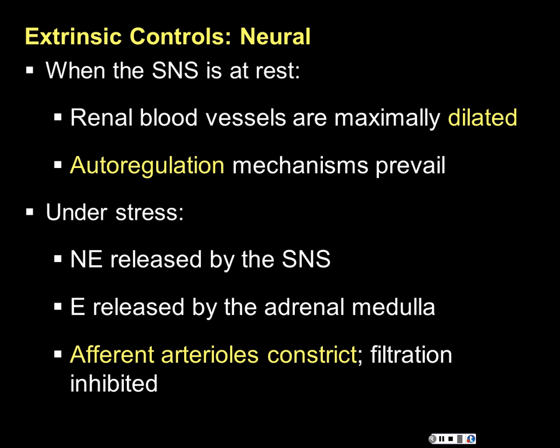However, when you go into that fight or flight system, your epinephrine, norepinephrine from the sympathetic nervous system actually causes the afferent arterioles to constrict. And then the filtration goes which way? Down. Because we need to distribute the blood not to the kidneys so much at this point, but more to your skeletal muscles, to the liver, the respiratory system, or whatever organs are being activated during your time of excitation.